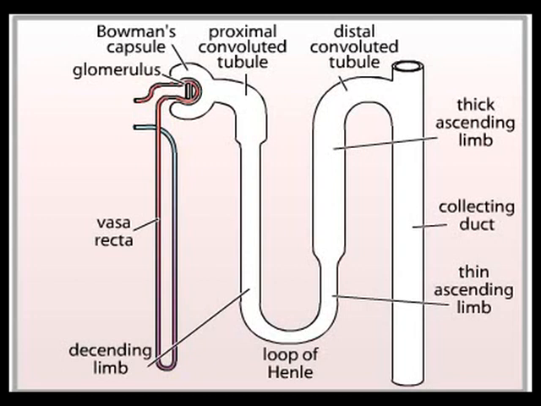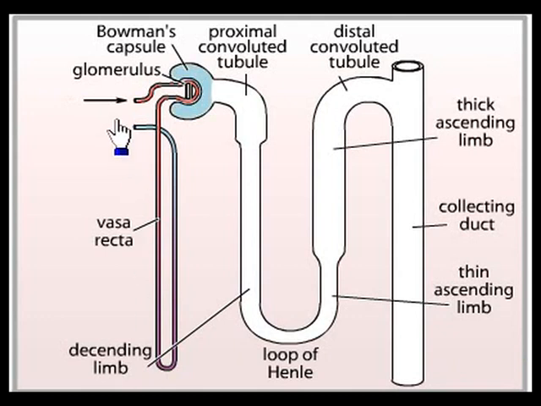This filtration process leaves the blood cells and the proteins behind in the efferent arteriole. So, important hormones and molecules which are not to be filtered are protein bound, so that they escape filtration at the Bowman's capsule. Now, let us see what happens.